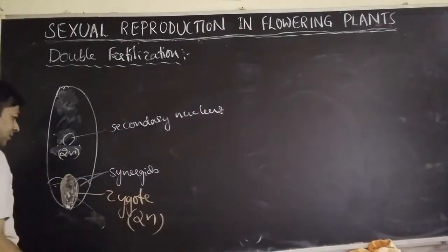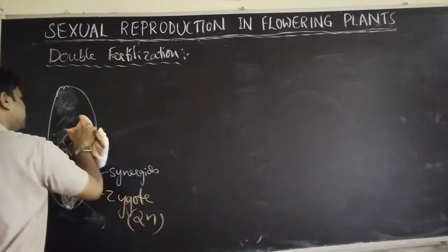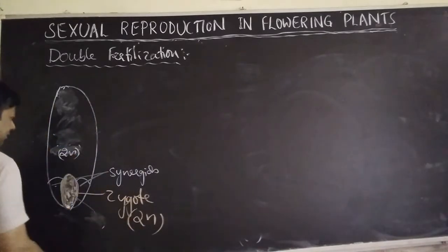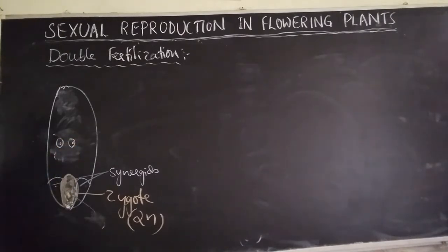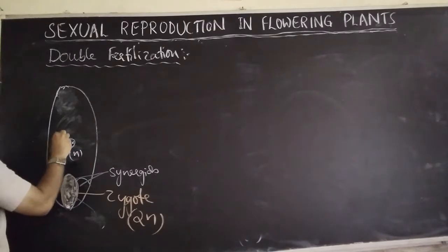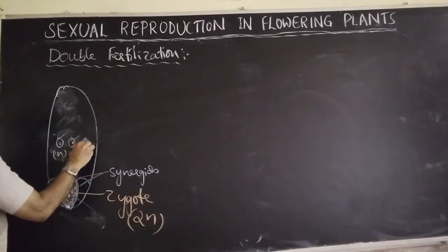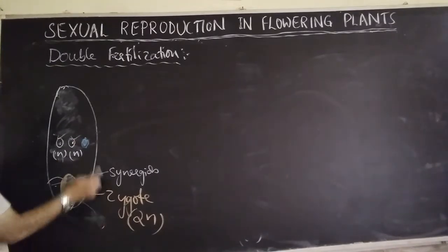In simple terms, already two polar nuclei are there, each one N and N. This is also haploid, this is also haploid. Then one more came here, because two male gametes are there in the pollen tube. One goes with the egg, the other one will be here.